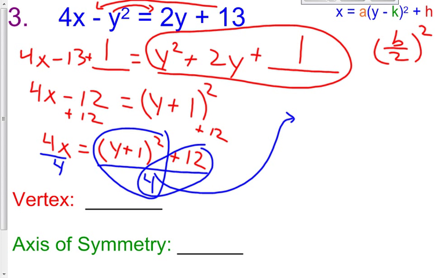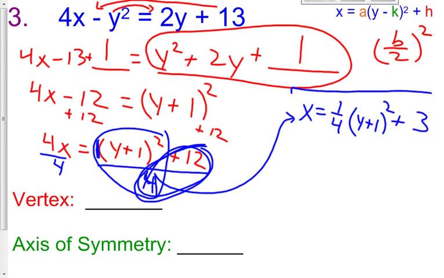So both of these have to be divided by 4. So my coefficient in front of the binomial is 1/4. So it's going to be x all by itself now on the left. That equals this 1/4 times the quantity y plus 1 quantity squared. And then I'm going to have this 12 over 4, which is a positive 3.